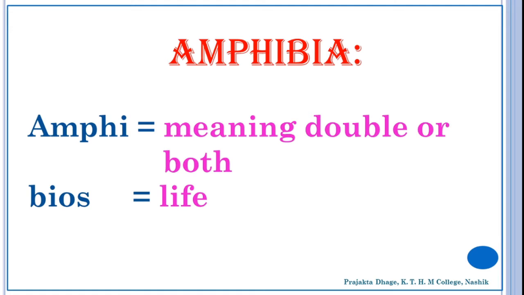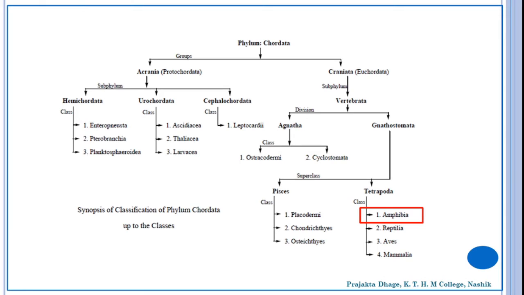Now we'll move on to the classification position, or where they are placed in the particular clade, or where they belong. So in the classification they belong to the group Craniata and subphylum Vertebrata.